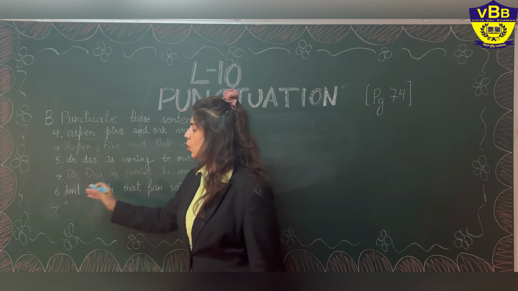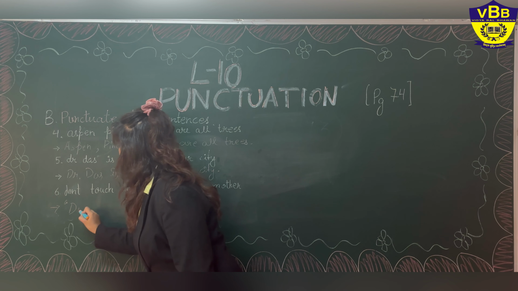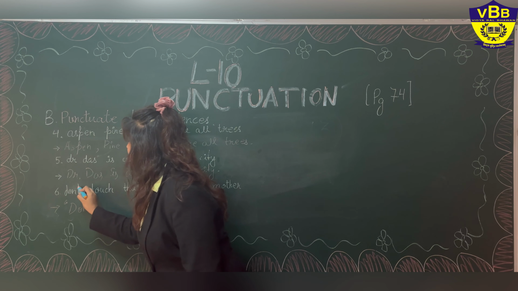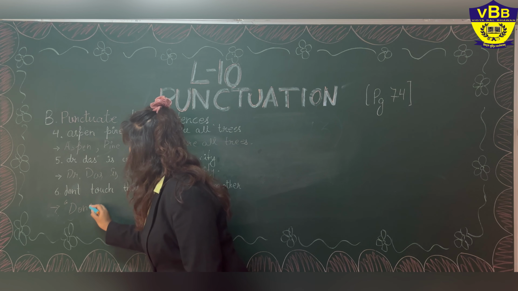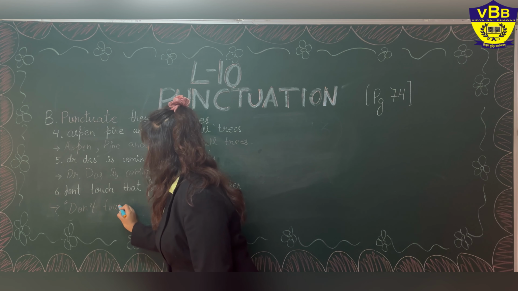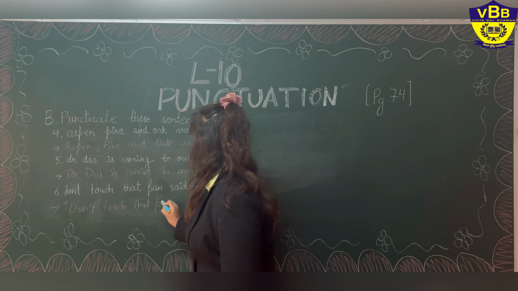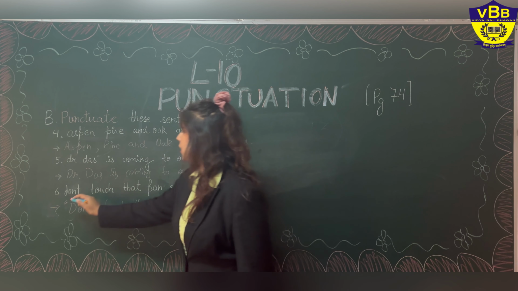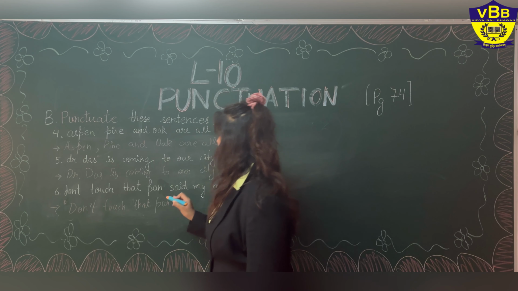Then don't. So D is going to be capital, D-O-N, and then T, so it's going to be an apostrophe, then T. Don't touch that pen, speech mark, comma before that, comma after that.